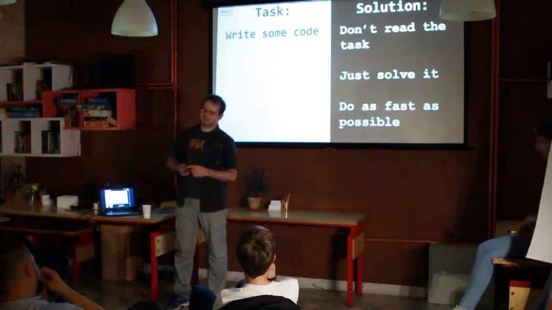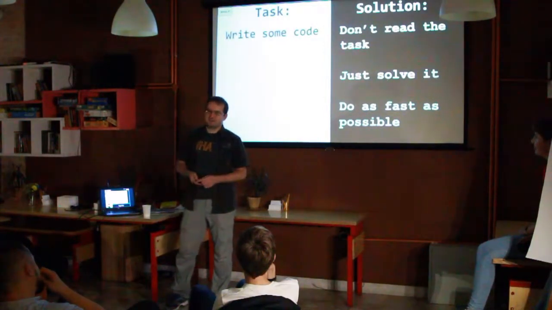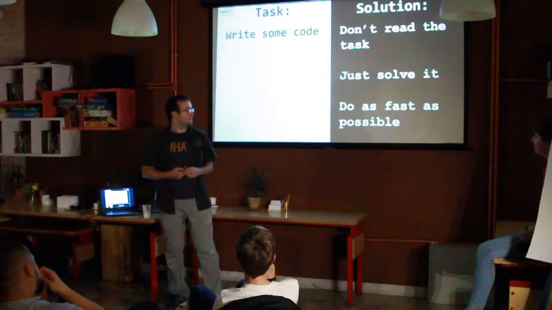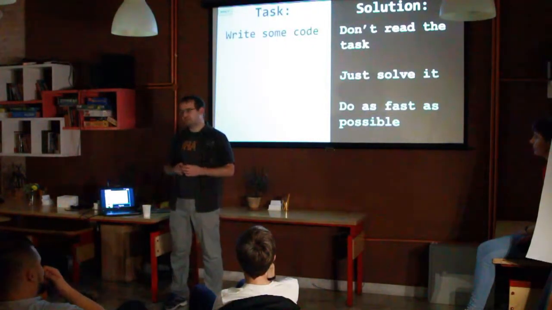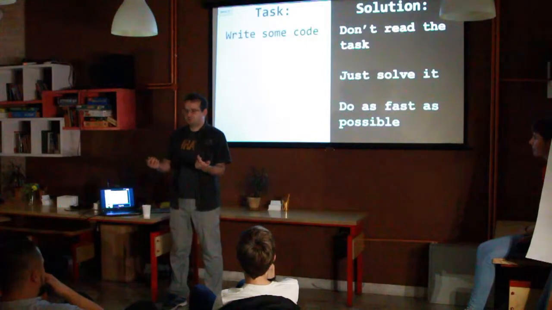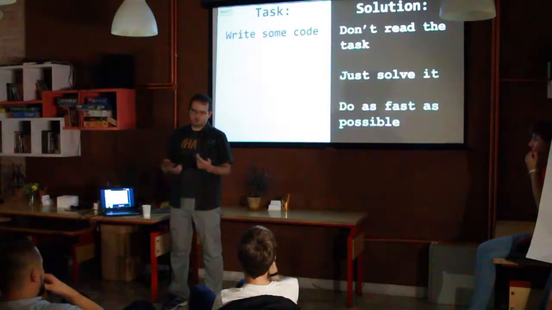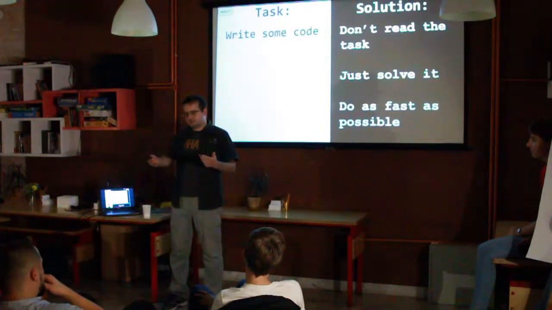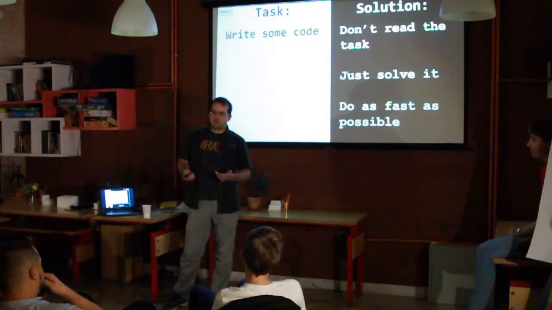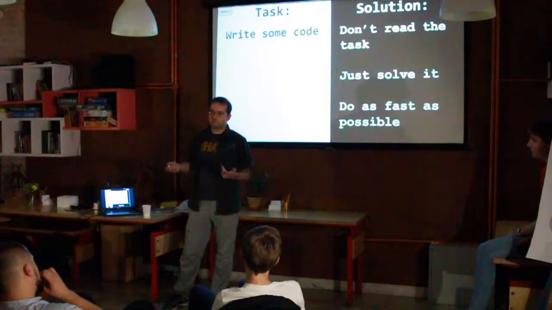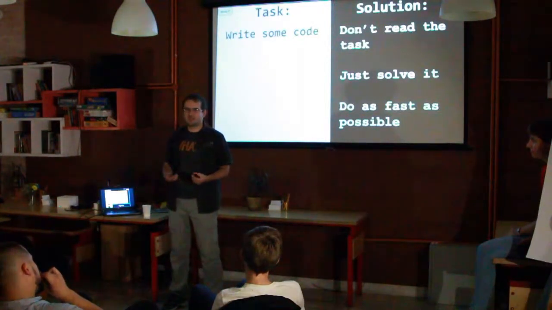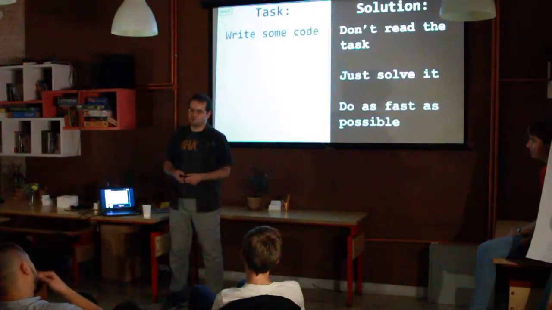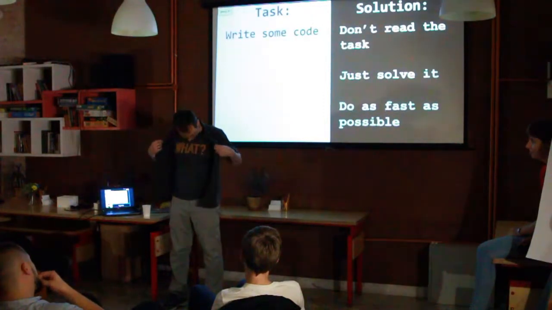I hope you guessed it's not real advice. Everything described here is inspired by real people. It's not juniors, it's experienced people who are solving the test assignment this way. And it's always painful to see such solutions, and the single question I always ask is, what?